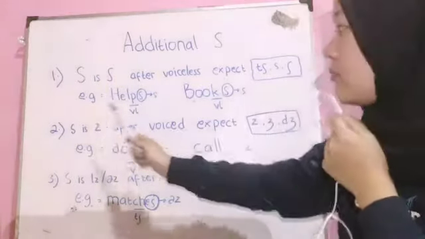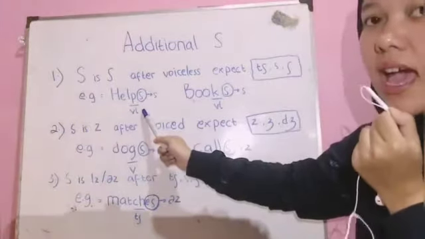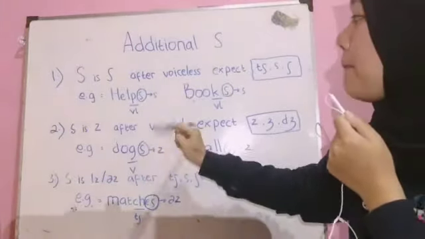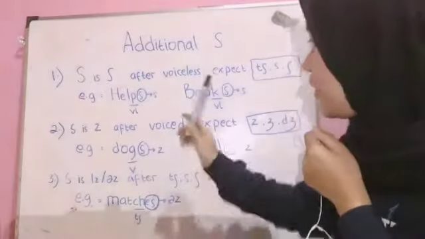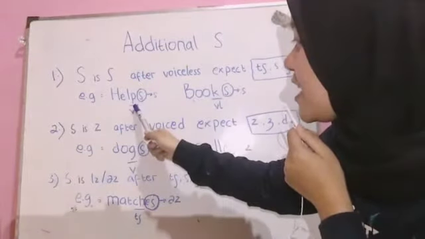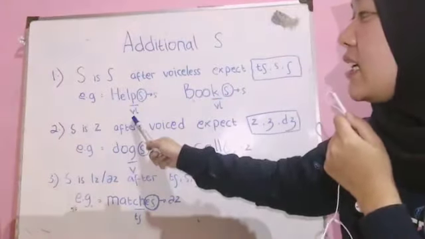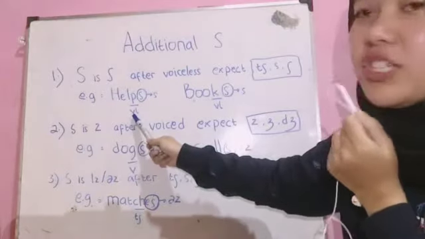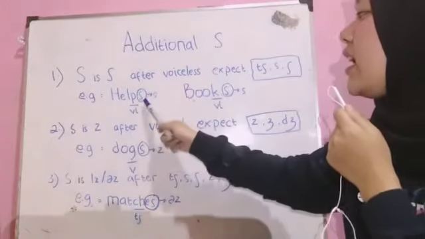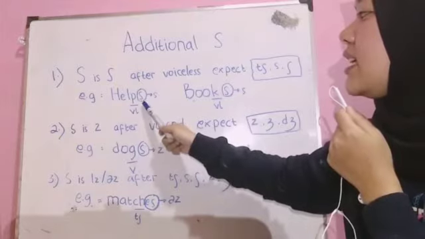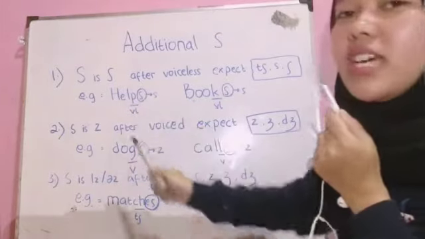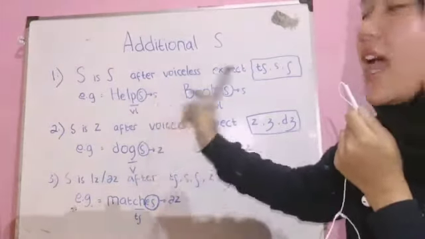For example, helps. I'm sorry. P in here belongs to voiceless, and then s in here is s, and then we can read helps.